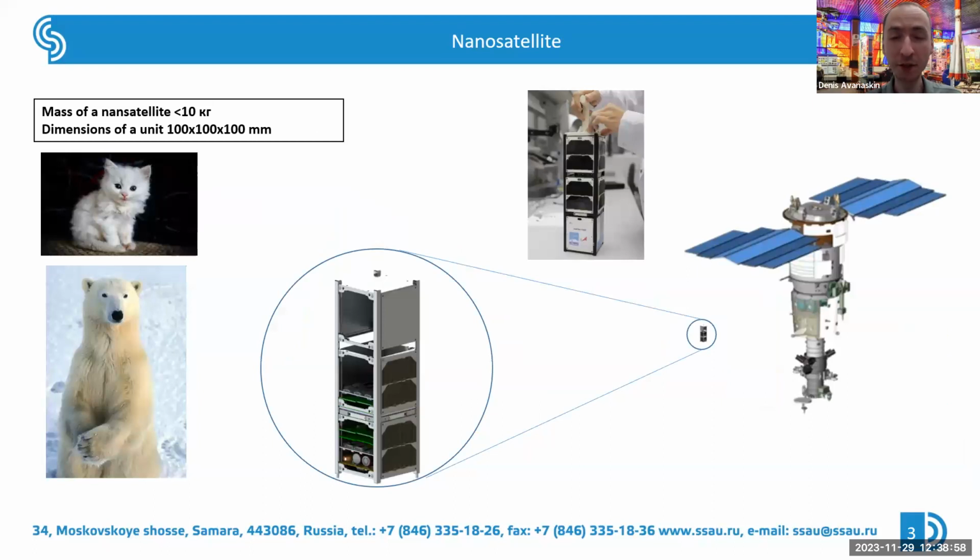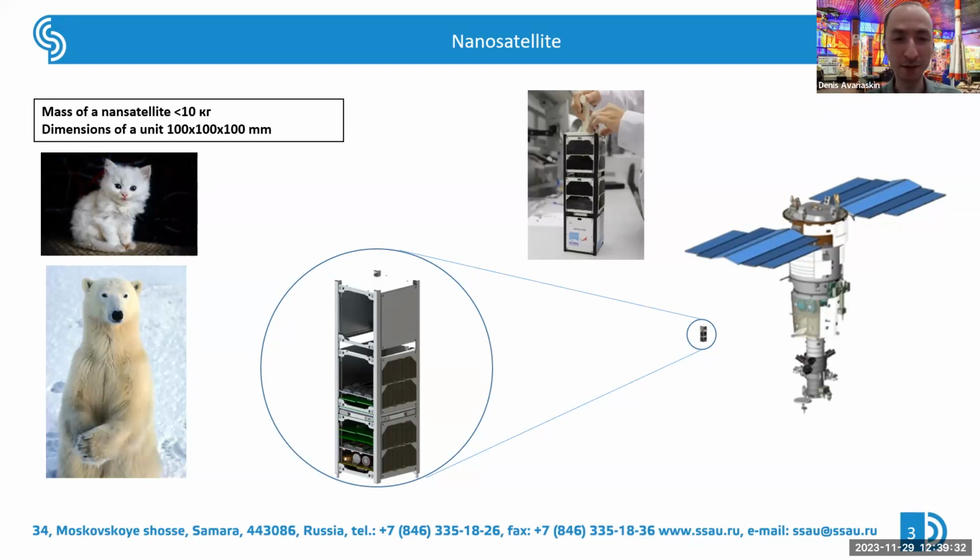Now, in this slide, I want to show you the difference between nanosatellites and large spacecraft. Basically, the difference is the same as the difference between little cats and polar bears. Both of them can do the same things, but the difference between them is only in power and in dimensions.